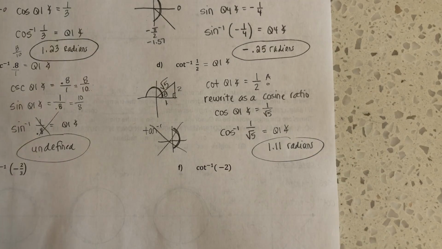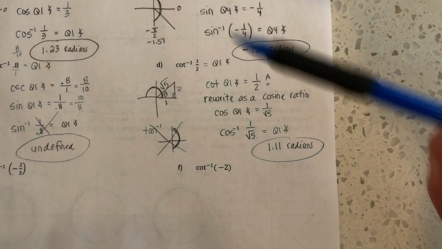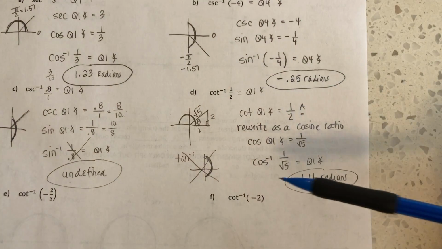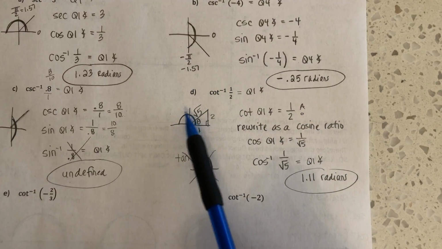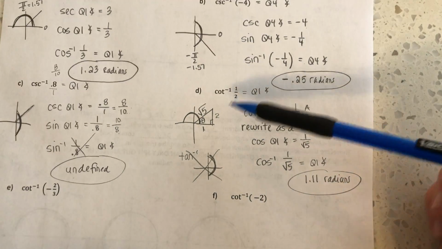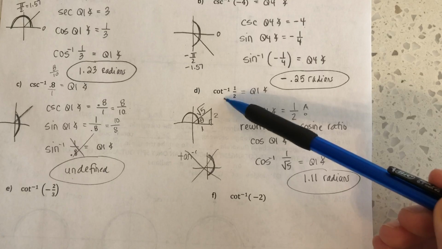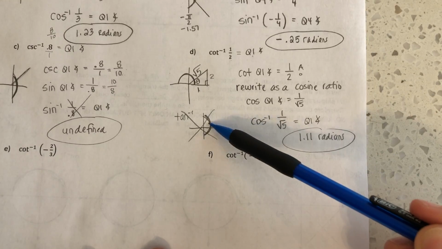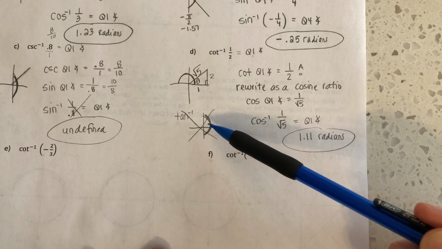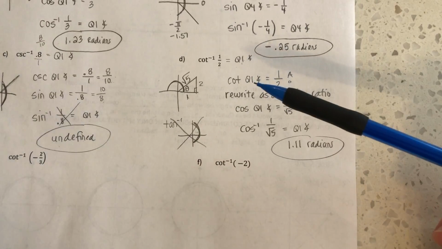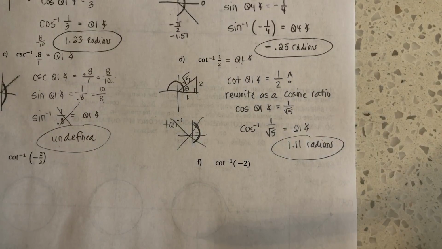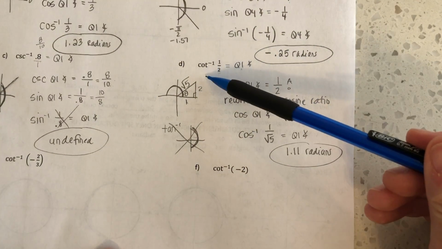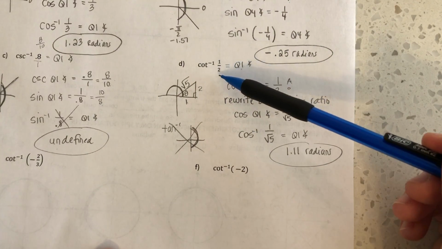Okay, let me give you a little bit of a spoiler. We had to rewrite the inverse cotangent as an inverse cosine because they both spit out angles in quadrants 1 and 2. However, we had already agreed that the inverse cotangent of 1/2 was a quadrant 1 angle, right? The inverse tangent is capable of spitting out quadrant 1 angles, right? So could I technically have cheated the system and turned this one into an inverse tangent and just said the inverse tangent of its reciprocal would get me the answer?